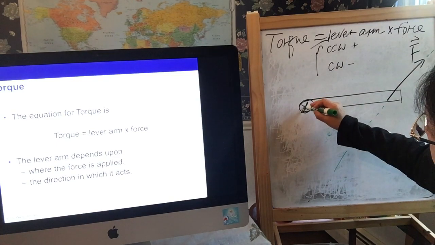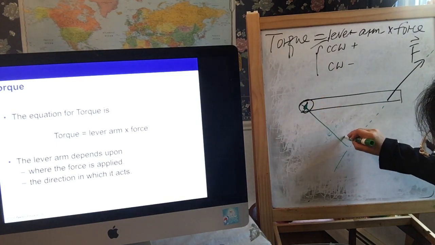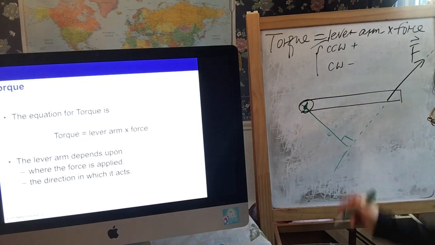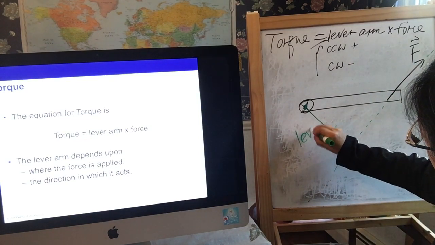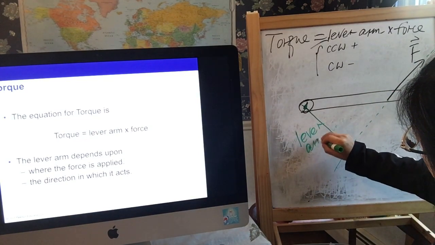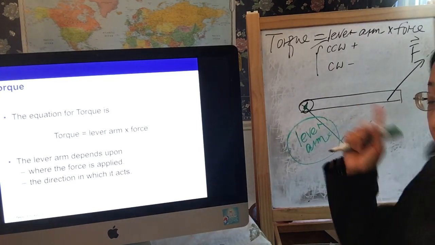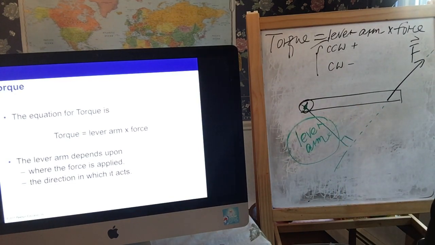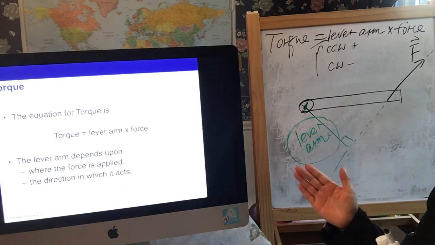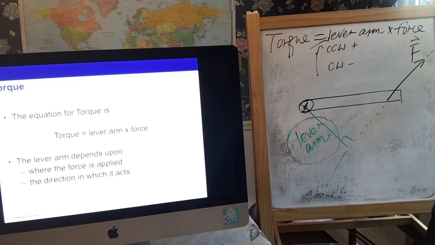Then you start from the axis of rotation and draw a line perpendicular to the line of action of the force. And this is the lever arm. So that's the first thing, how you find the lever arm. The shortest distance between the axis of rotation and the line of action of the force is called the lever arm. That's the first step you need to calculate in order to calculate torque.